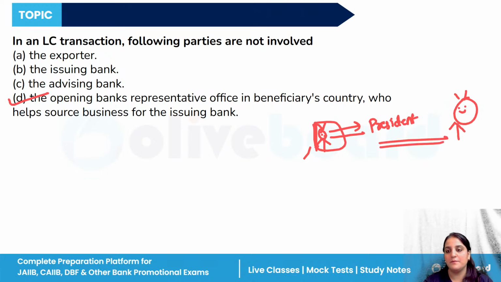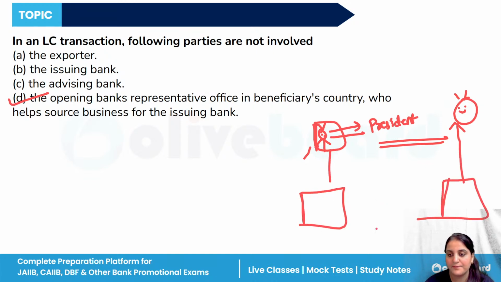Jinping is saying to Modi ji that you give me that thing, I will pay you. But Modi ji is saying give money first. They both don't have trust in each other. So what will they do? They will go to their banks.